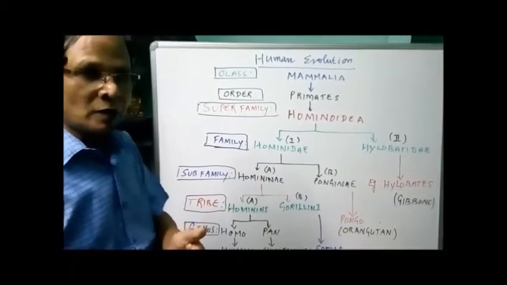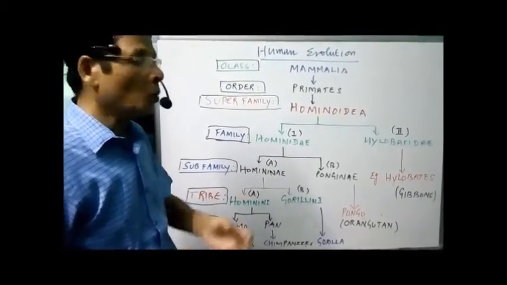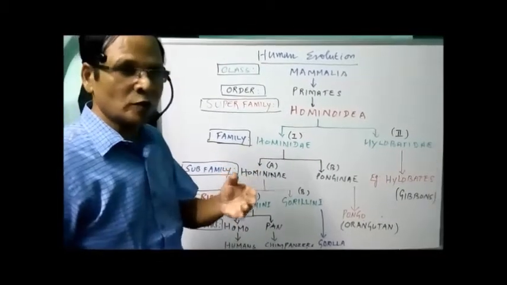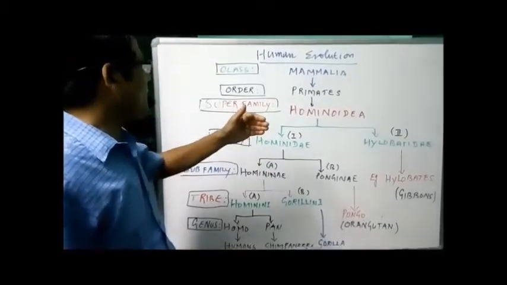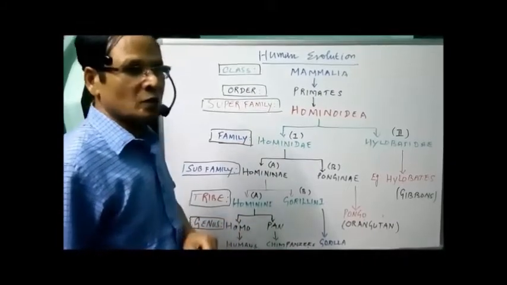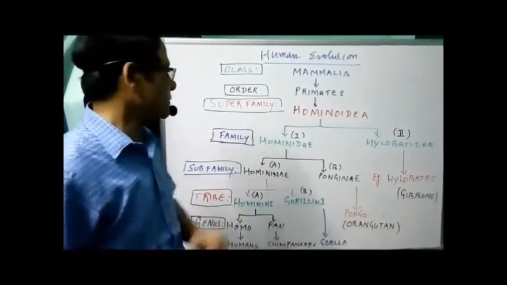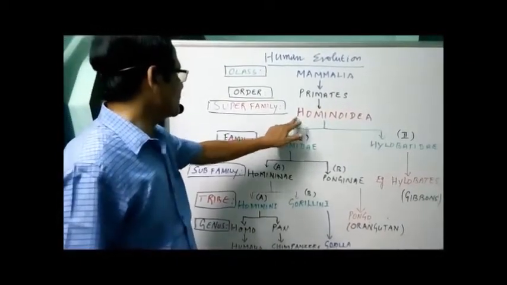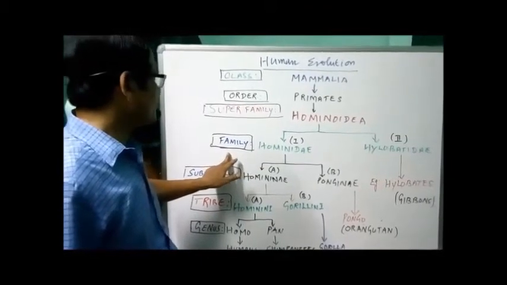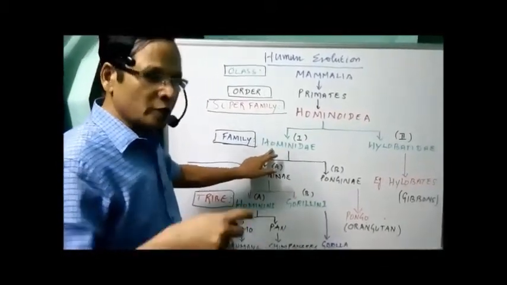The gorillas, orangutans and chimpanzees are all simply called apes. We come under a superfamily called Hominoidea, which includes both human beings as well as the apes. This is further divided into two families. In one, Hominidae, we are included.